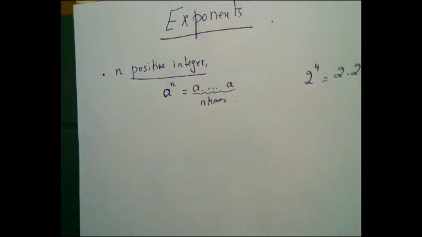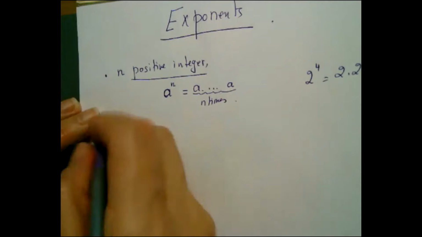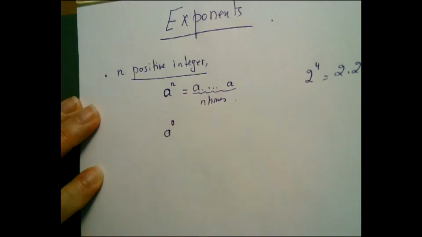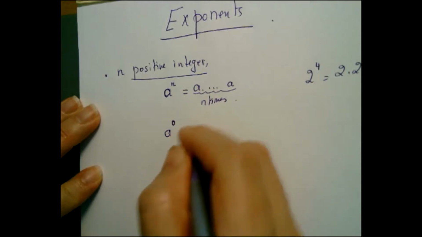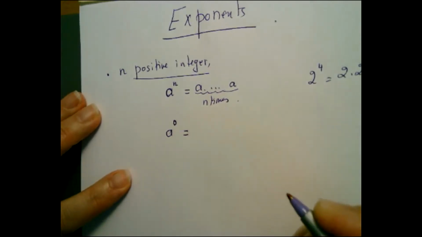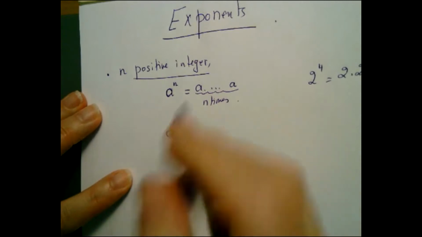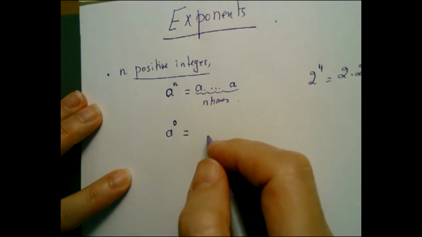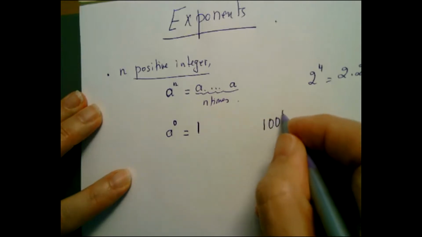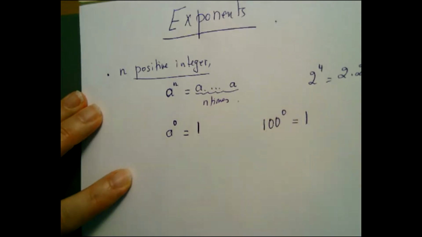Now, if n is 0, a to the 0 is equal to what? I want it quickly. A to the 0 is what? Any number to the power 0 is equal to 1.